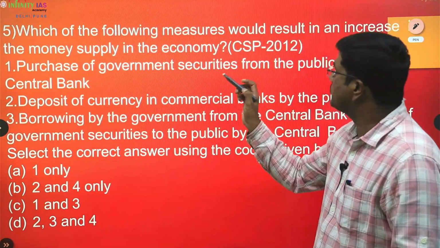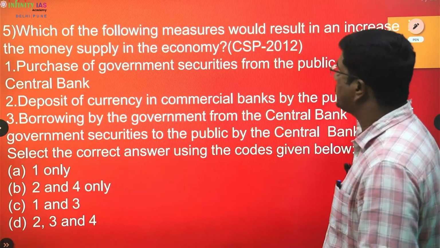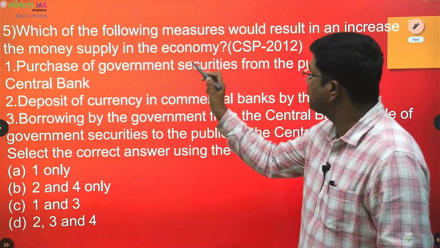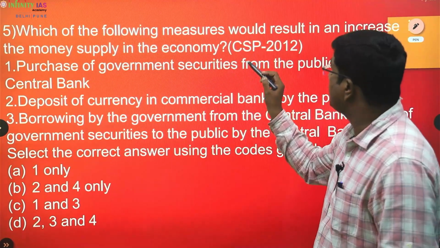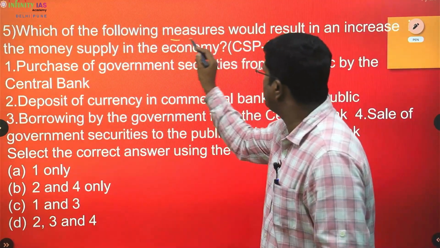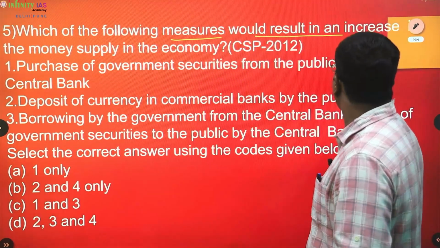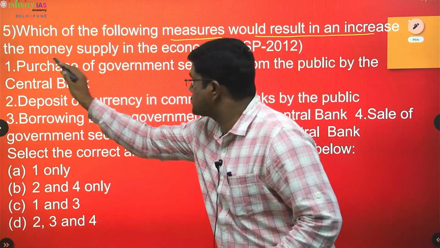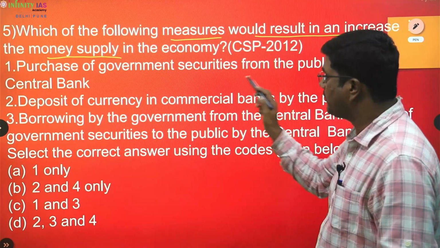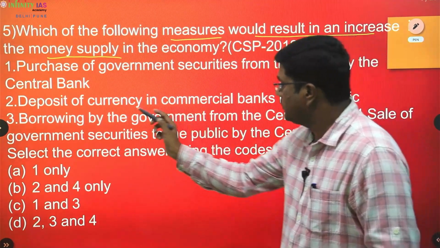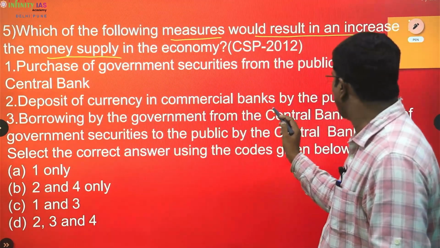Now, which of the following measures would result in an increase in the money supply in the economy? See, first, purchase of government securities from the public by the central bank. Second, deposit of currency in commercial banks by the public.